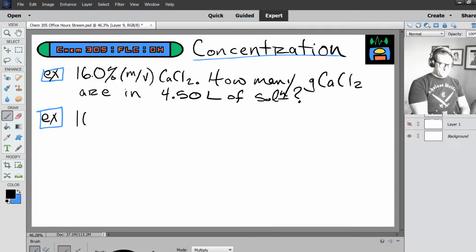Another example, we'll start with the same concentration, 16% mass to volume, again of calcium chloride.